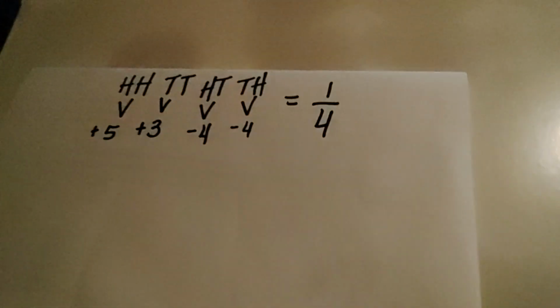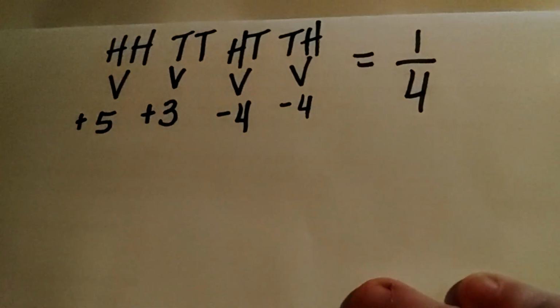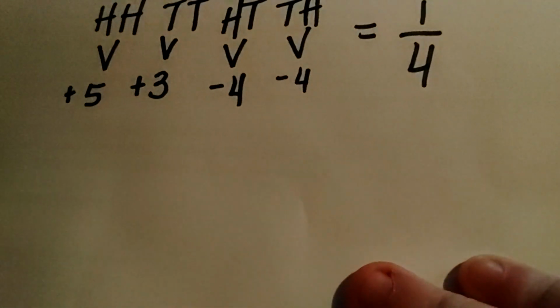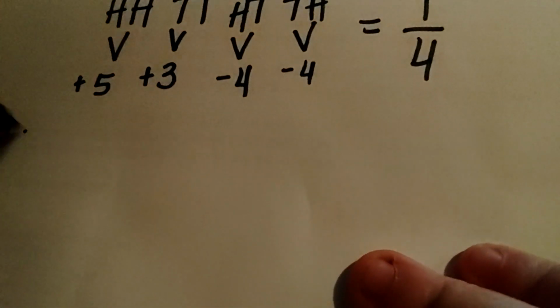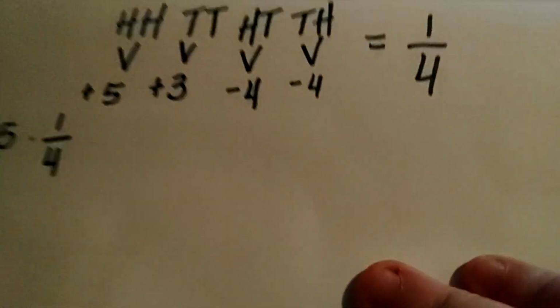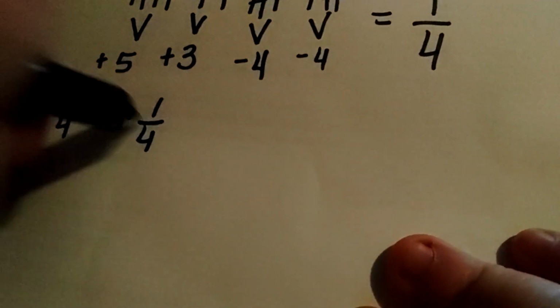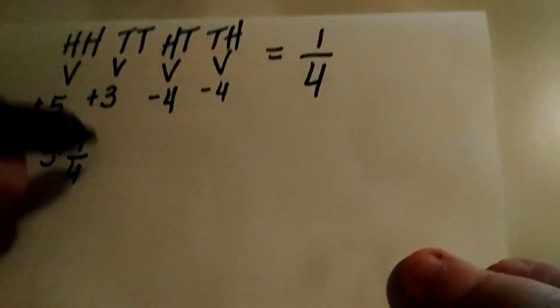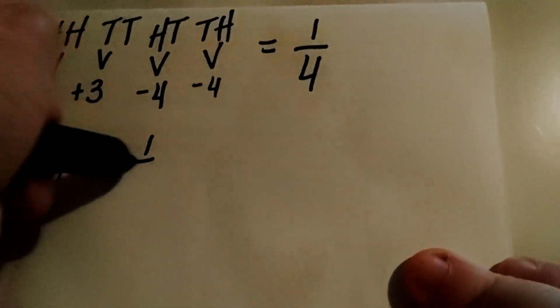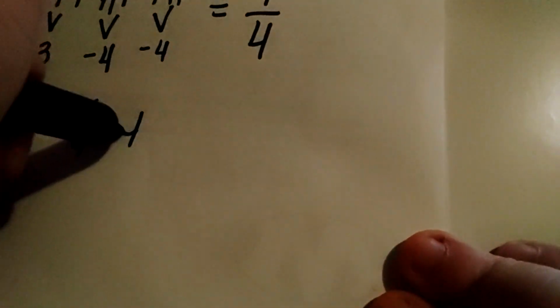Okay, so this is where it gets a little tricky, but we got this. We've got to calculate all this now. So if you did 5 times 1/4, 3 times 1/4, 4 times 1/4, 4 times 1/4.